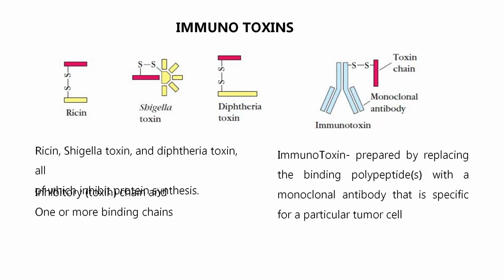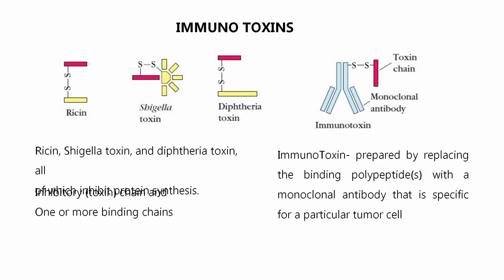Here you can see you have three common types of bacterial toxins. You have ricin, you have Shigella toxin, and you have diphtheria toxin. These toxins have one or more binding chains. So what we do is, the toxic chain is bound to a monoclonal antibody.